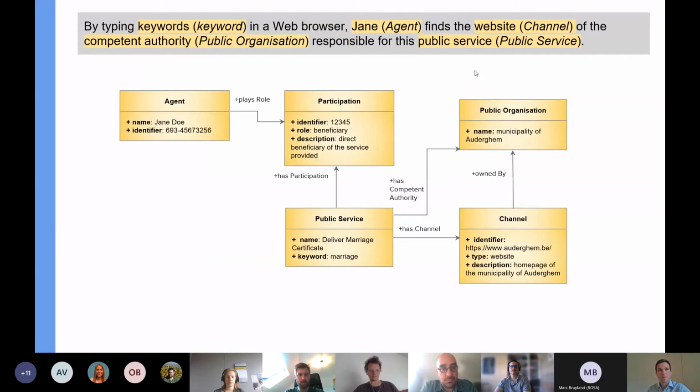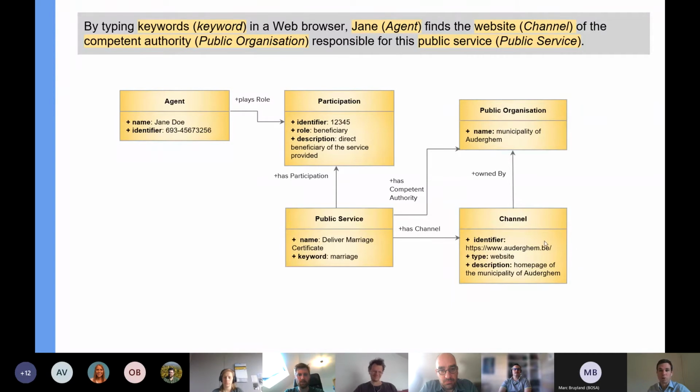Now, in the example, Jane is using a web browser to type some keywords and find a specific website as a reply. So you see here in the public service that you could, within your model, capture different kinds of keywords, such as marriage, and then different types of answers.